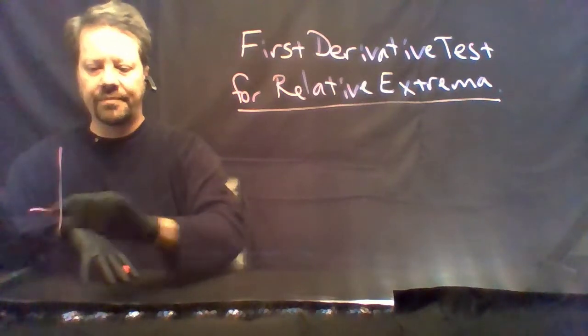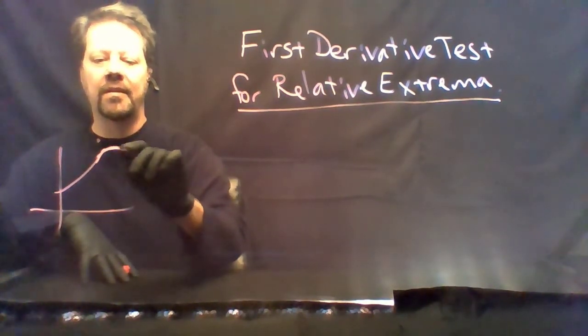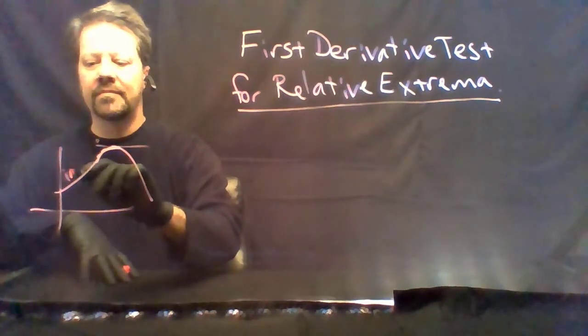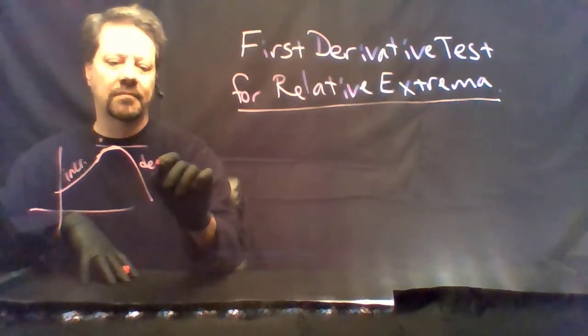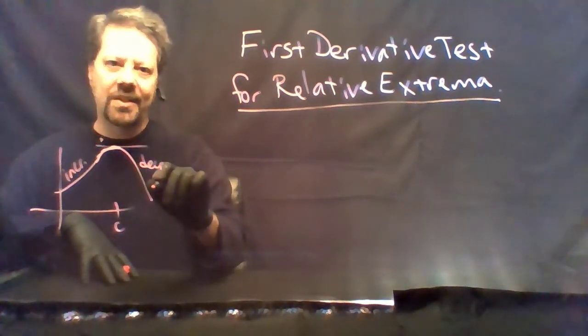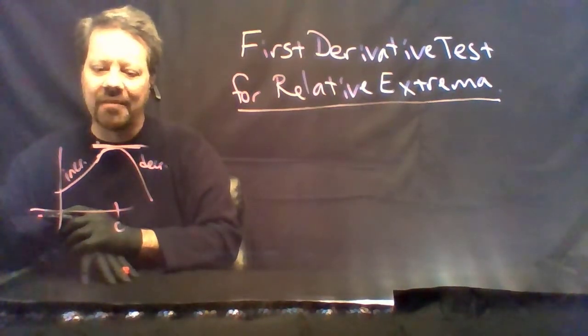If the function is going up until it gets to a critical point and then goes down thereafter, if it's increasing before it gets there and decreasing after, then it must have a relative max at that point.